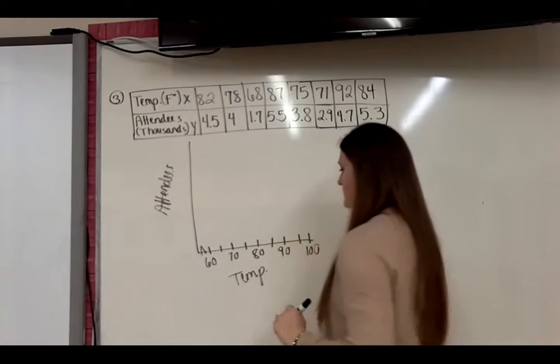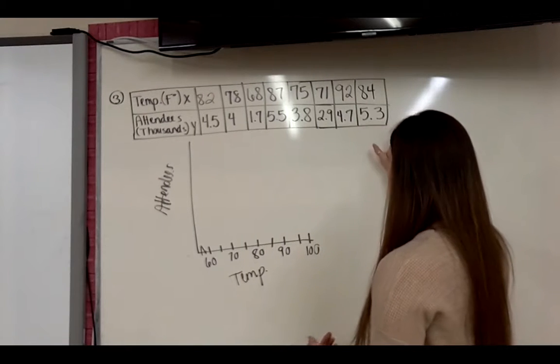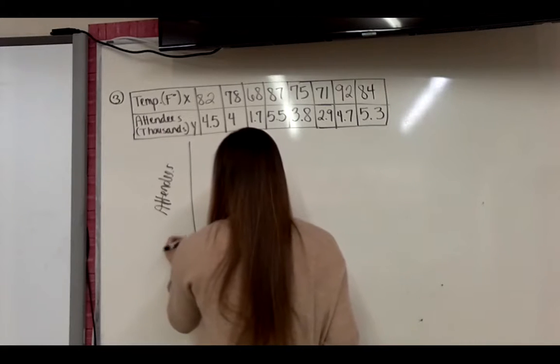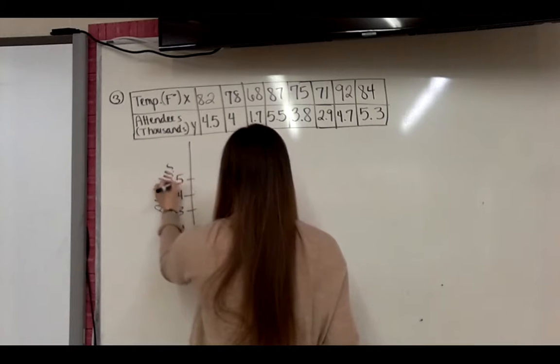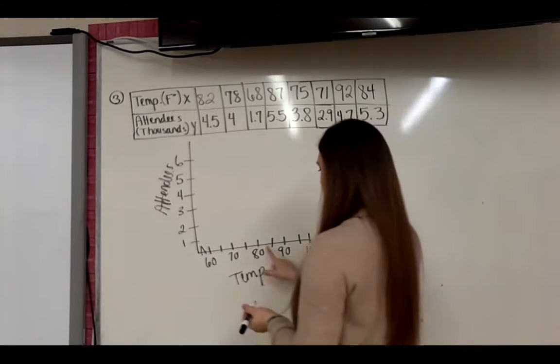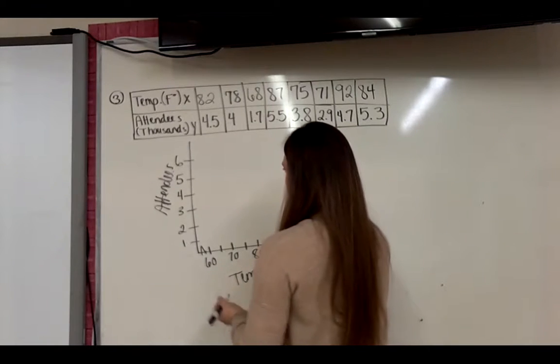And then attendees, I don't see anything above 5.5, so we can count by 1s on that. Okay, so when the temperature is 82 degrees, it is 4.5 thousand people.